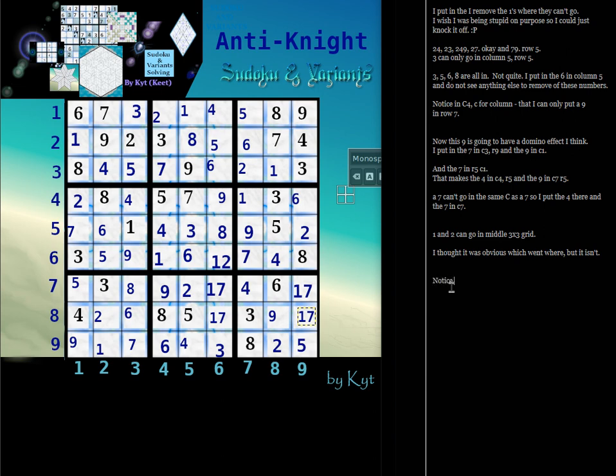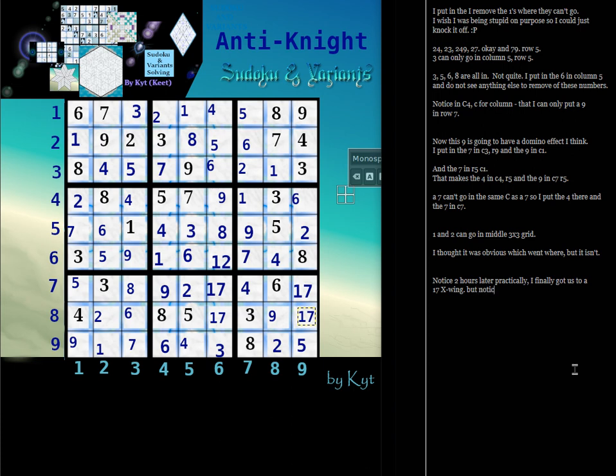Okay, notice. And I'll notice 2 hours later, practically, I finally got us to a 1-7 X-wing.